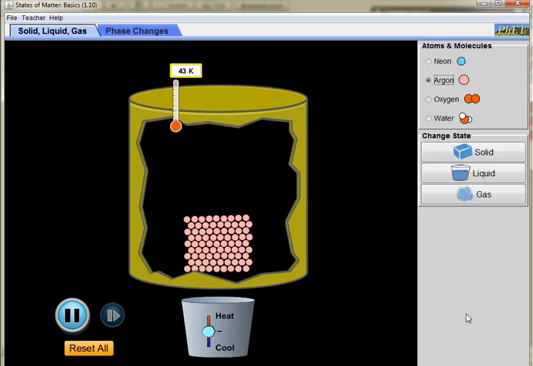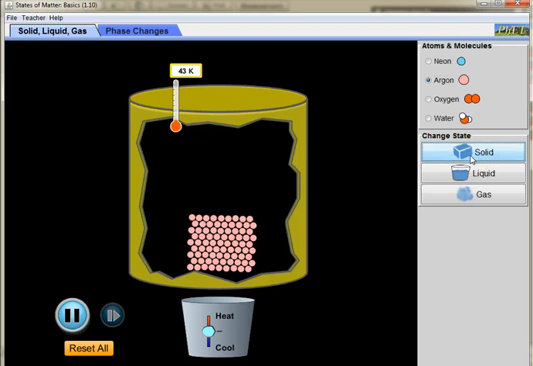Okay, now once we change it to argon, make it solid. Click on solid just in case, and make sure that whenever you click on solid, it basically goes to the center of the container. So the solid. All right.